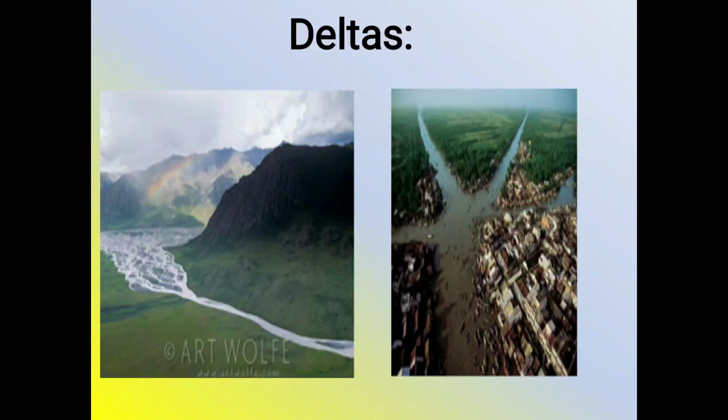Fourth condition, the tides that occur in the sea near the mouth of the river should not be forceful, so that the rate of deposition of sediments exceeds the rate of its removal. Because if the tides are forceful, though the river deposits the sediments, they will be breached or removed by these tides. So all these are the four ideal conditions.